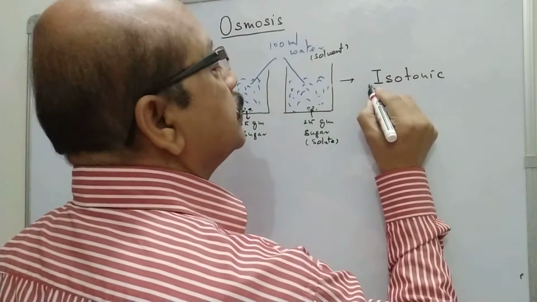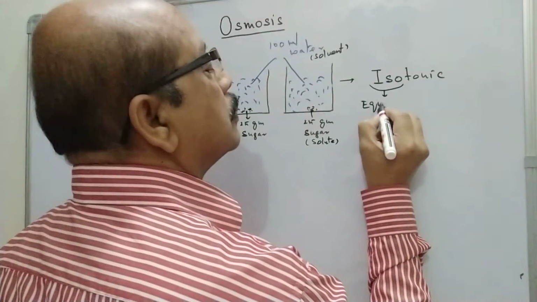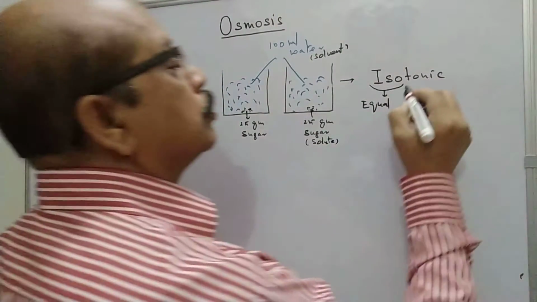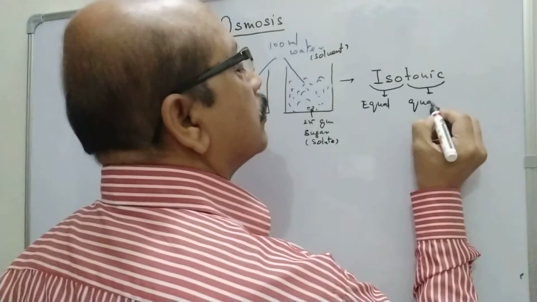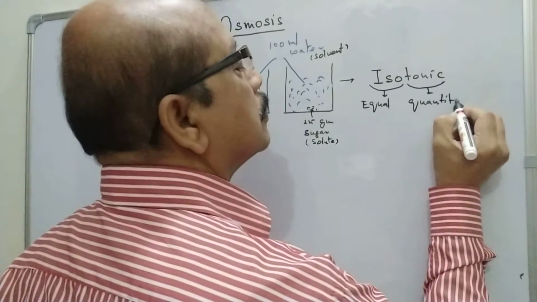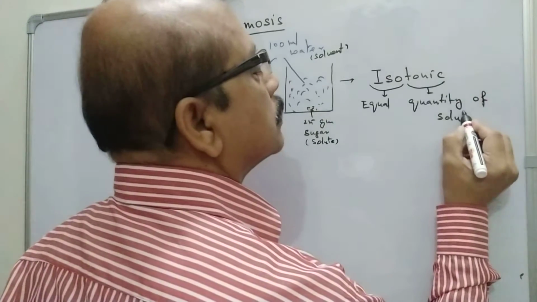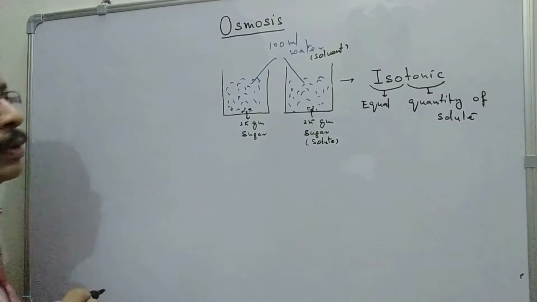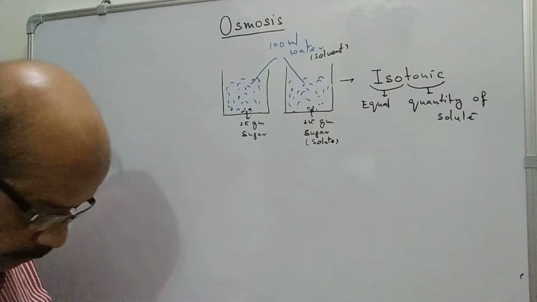Here iso means equal. Tonic means quantity of solute. So such solutions are known as isotonic solutions.